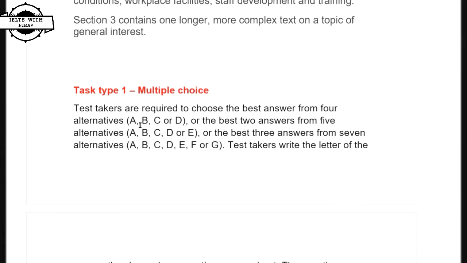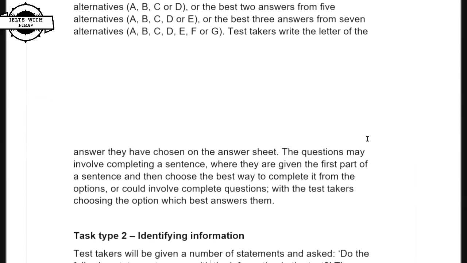If you have 4 options A, B, C and D, choose the best answer. Or choose the best 2 answers from 5 alternatives A, B, C, D or E, or the best 3 answers from 7. This way you have to decide your answer. Multiple choice questions are not similar to those in the IELTS listening examination, so you need to pay attention while choosing your answer.